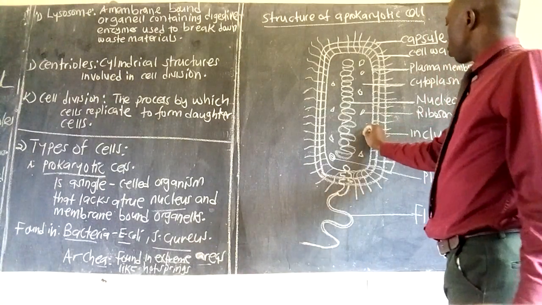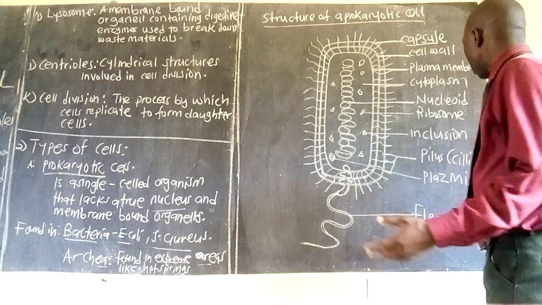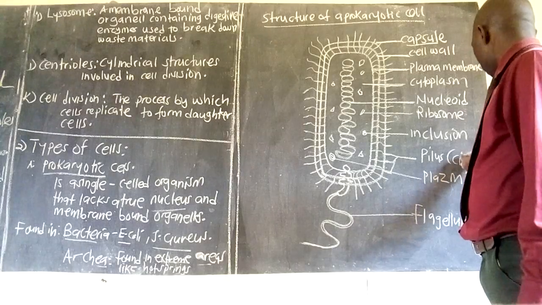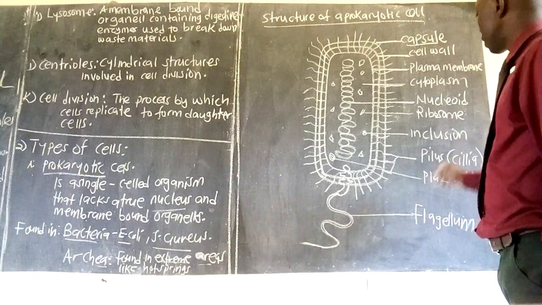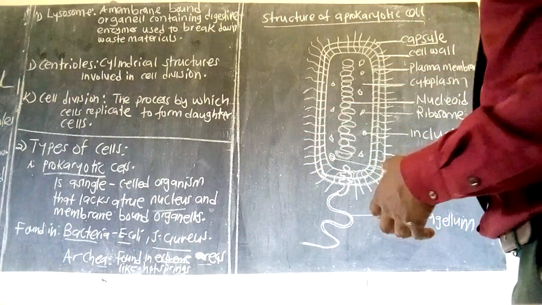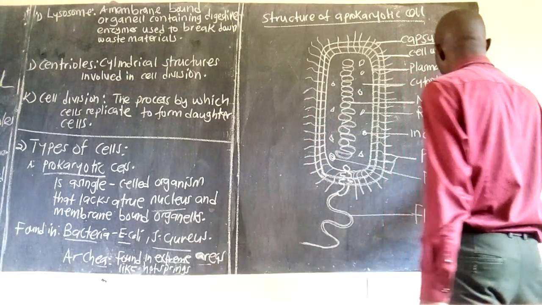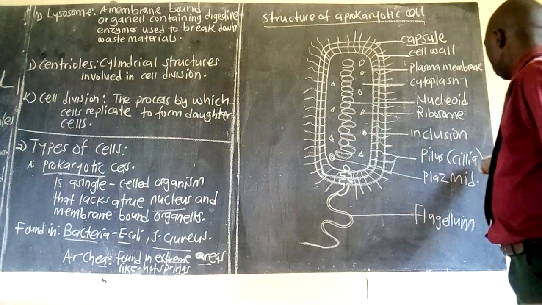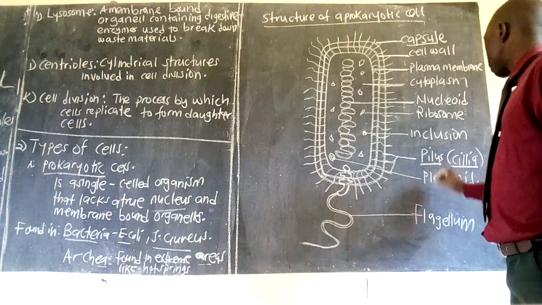It has inclusions that help in chemical reactions within the cell. It has the pili, what we can call the cilia, that help it attach to neighboring structures.